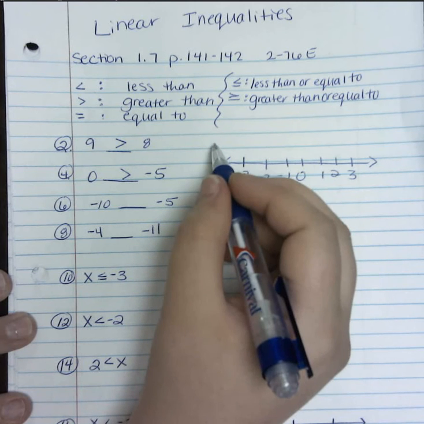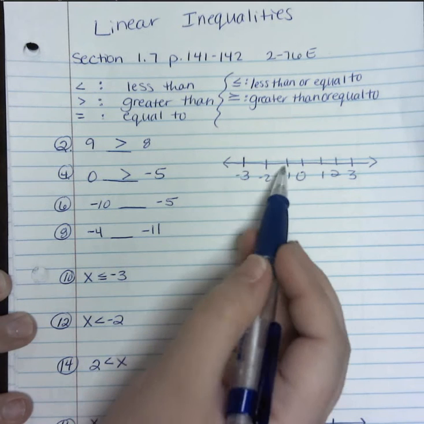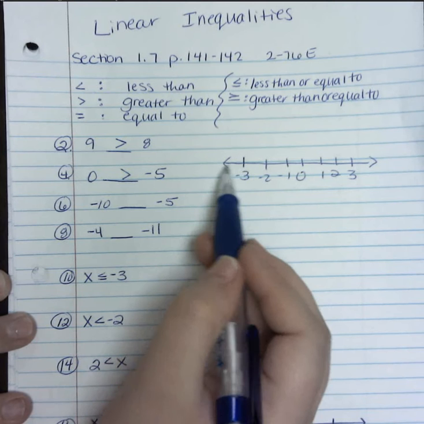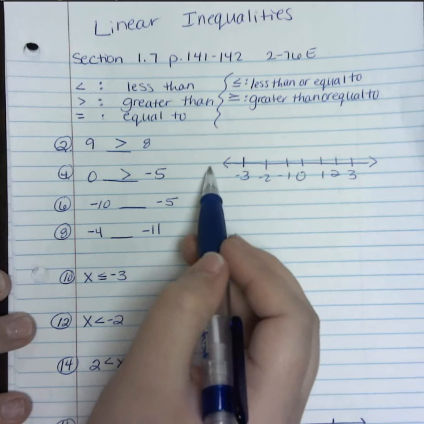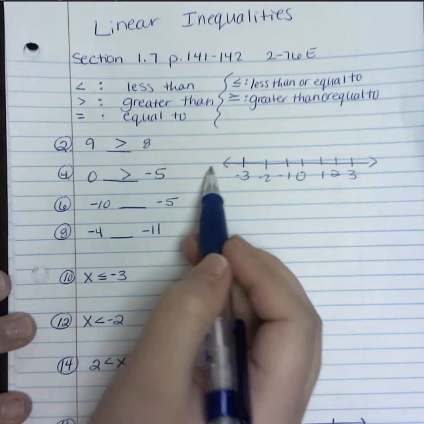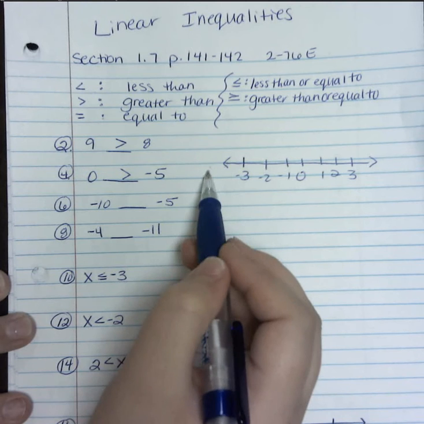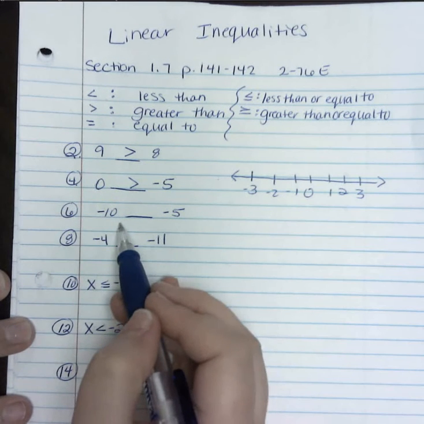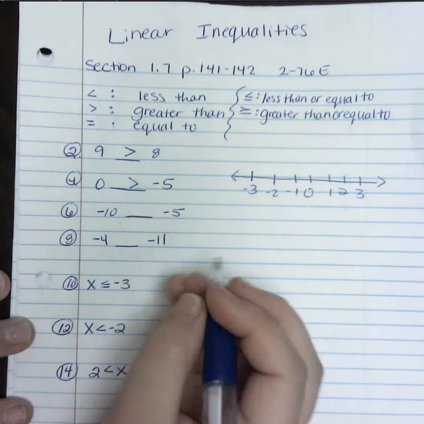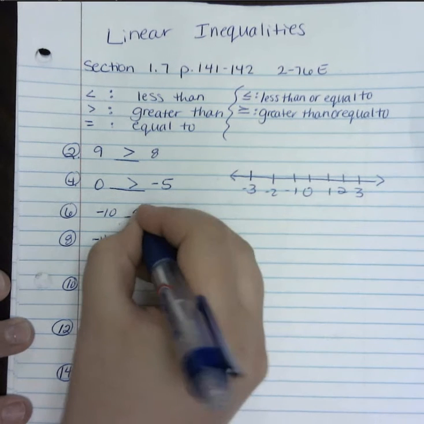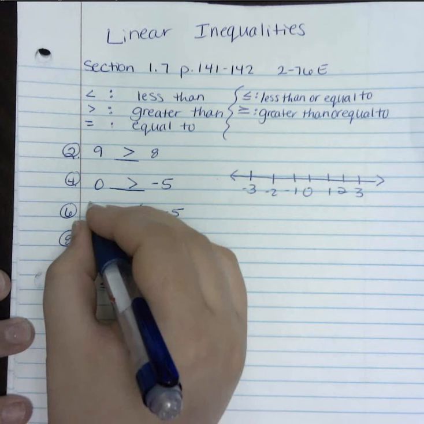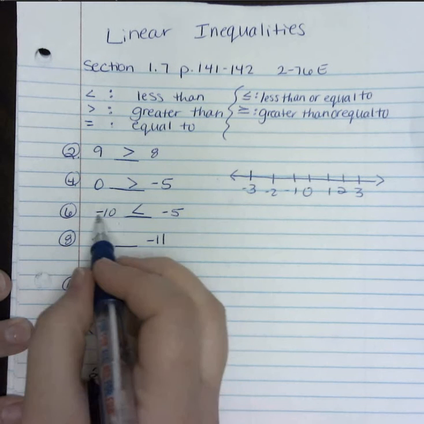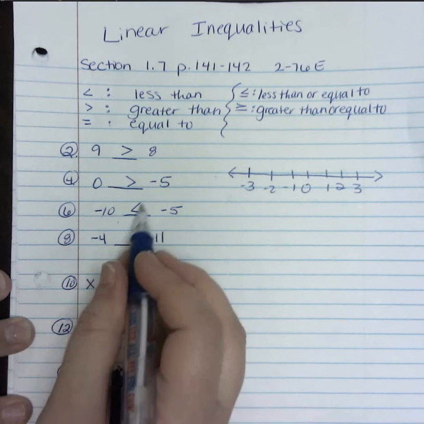So if we look at these negative numbers on our number line, if we keep going, our next number is -5 after the -4. And then we're going to have to go a couple more spaces to get to the -10. So that means that -5 is greater than -10. And if you read it from left to right, it would be -10 is less than -5.